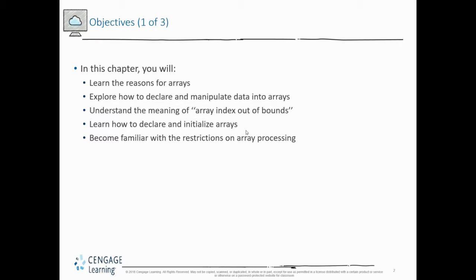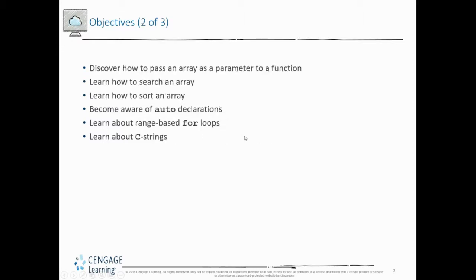You have to do it with a loop. So the key is, when you're talking about becoming familiar with the restrictions, make sure you're using a loop if you're trying to copy information from one array to another.